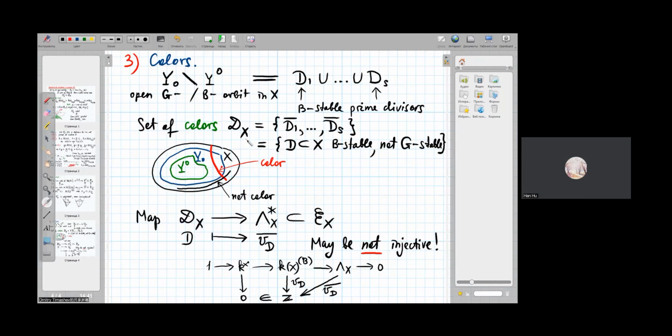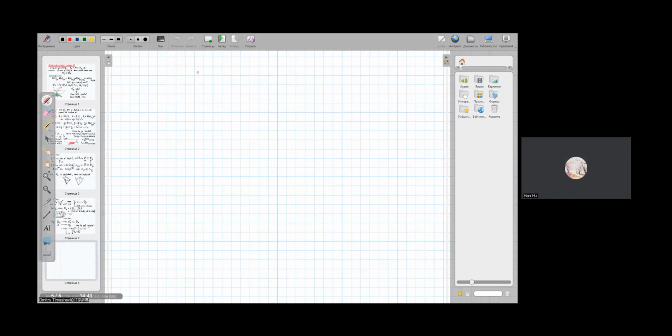So take another spherical variety birationally isomorphic to X. Indeed, the set of colors is a birational invariant of X, as the weight lattice was and the set of G-invariant valuations was. So to summarize, to each spherical variety, let's summarize.